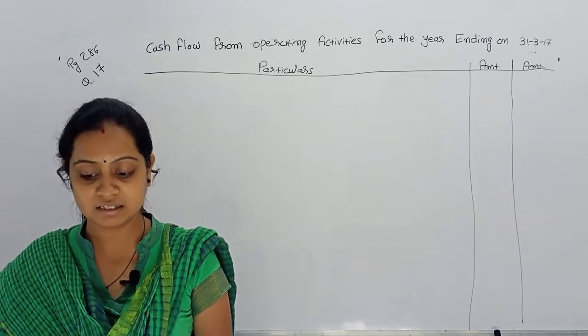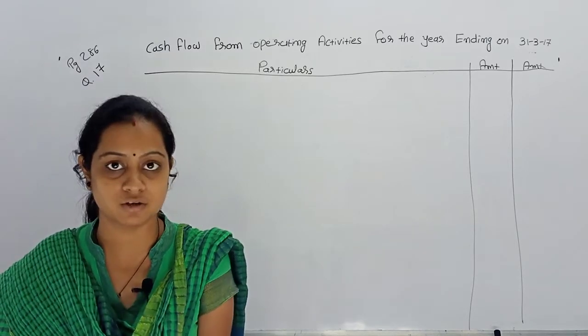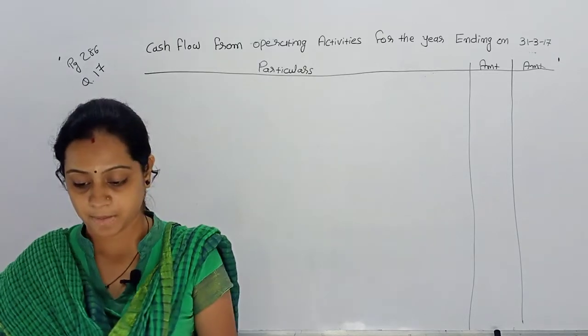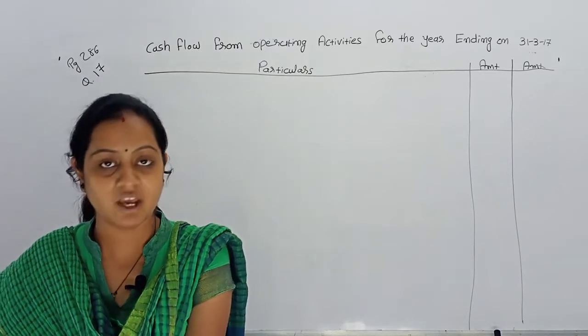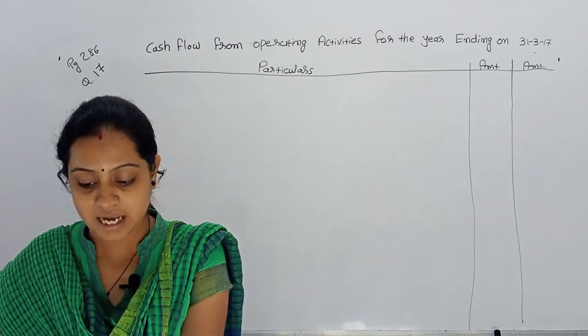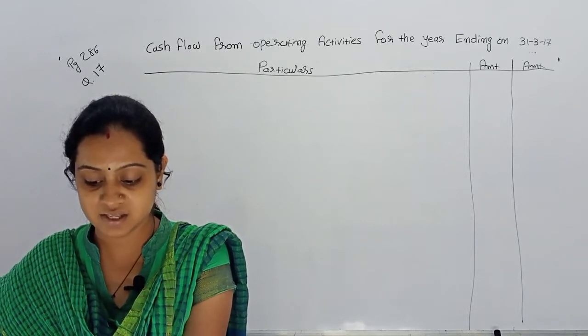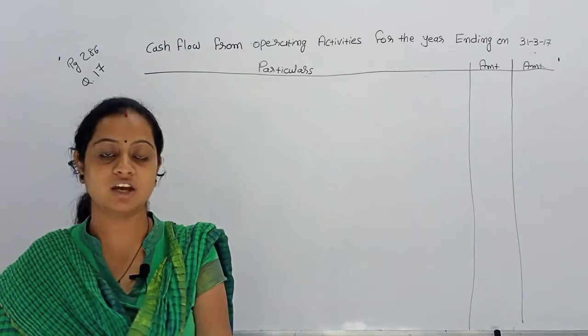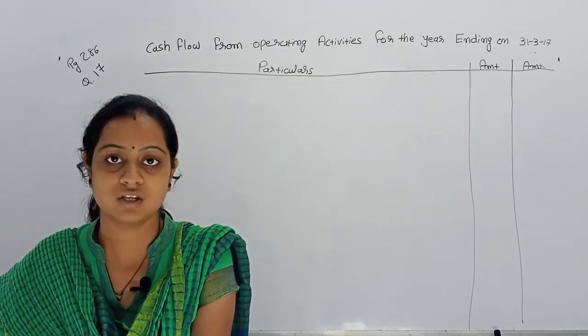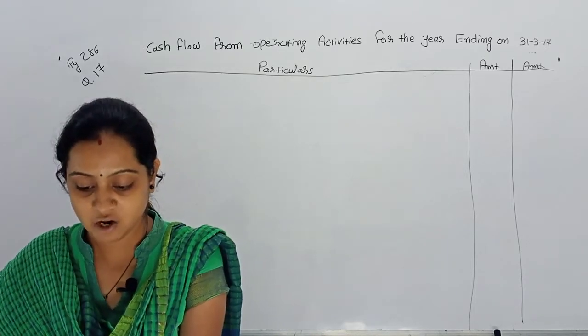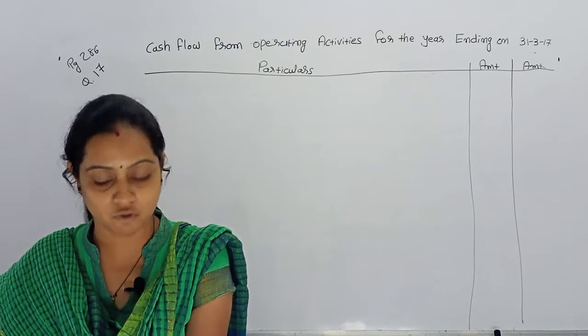Then goodwill, that will also come in provision, right? So these four things we have to add. Then come debtors, creditors, outstanding expense and prepaid expense. We will give this effect after finding profit before changes in working capital, right? So right now we will not give the effect of these four.